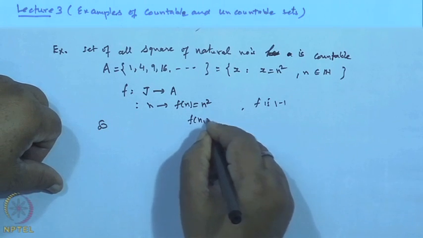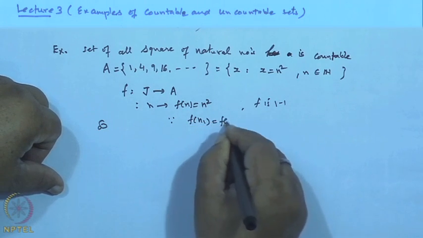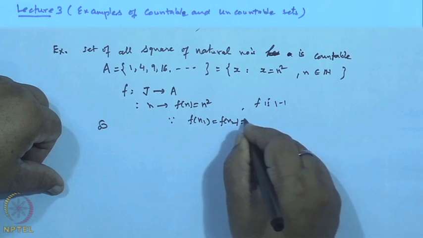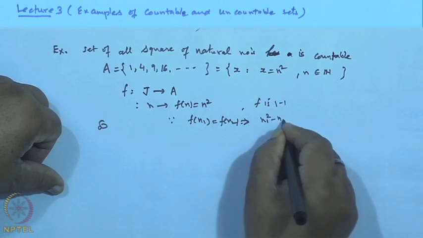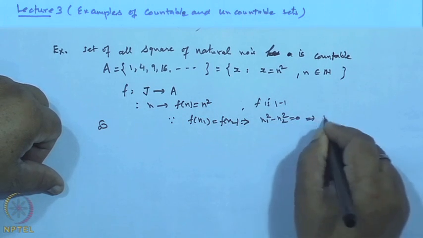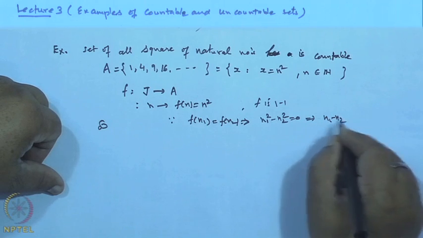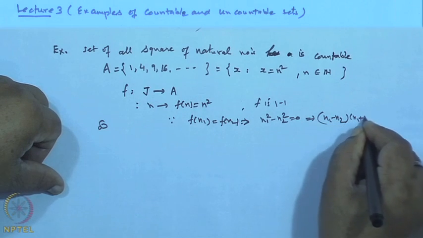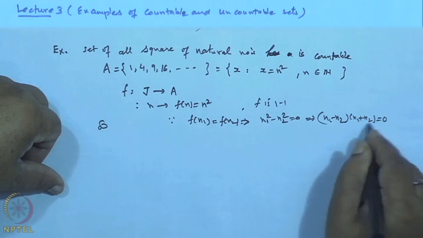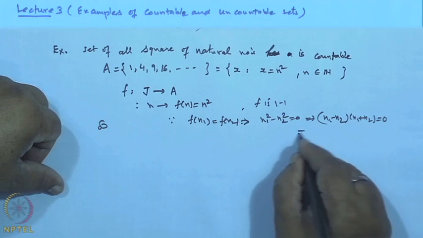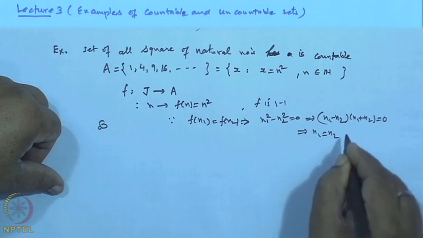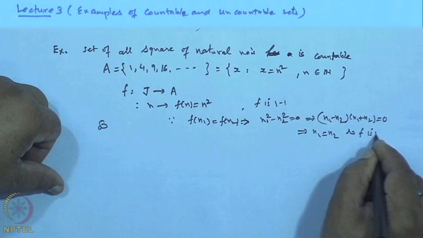Because f of n1 equal to f of n2 will imply n1 square minus n2 square is 0, which implies n1 minus n2 into n1 plus n2 is 0, but n1 plus n2 cannot be 0. So, this implies that n1 is equal to n2. So, f is 1-1.